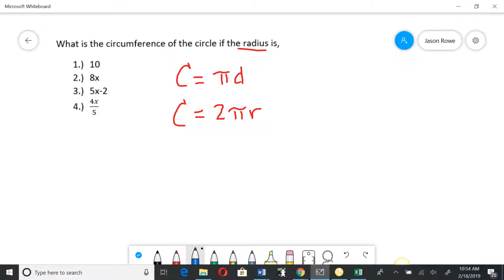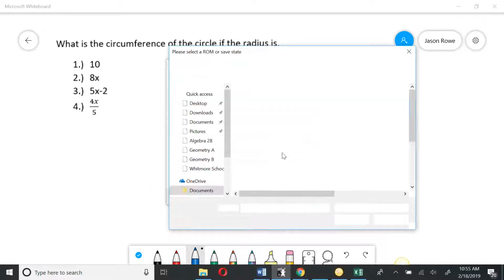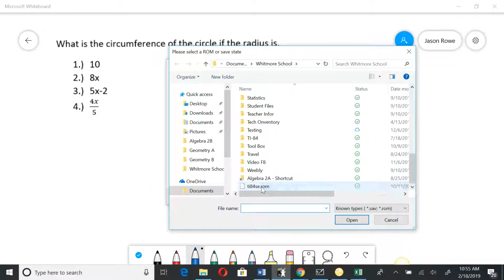So if we're given 10 as our radius, then we're just going to do 2 times pi times 10. I can multiply 2 times 10 and get 20, and so 20 pi is a perfectly acceptable answer. Or if you want to give a decimal equivalent, it won't be an exact answer. So just pay attention.